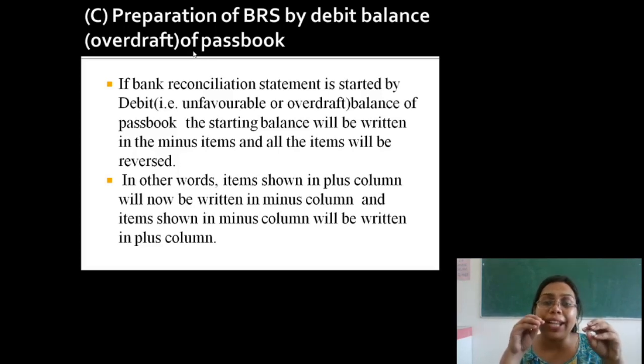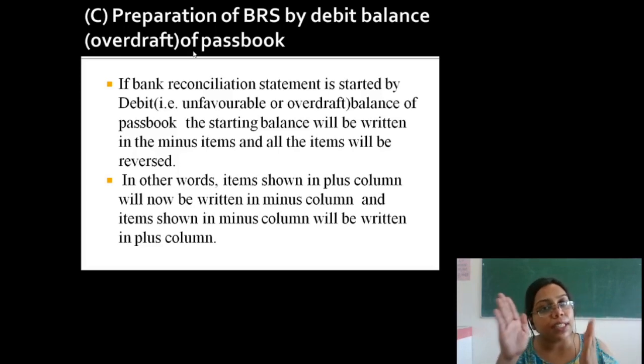So whatever we have done in cash book, here everything will be reversed. In case of passbook, everything is reversed. Each and every item that we were adding here, it will be deducted here, and each and every item that we were deducting there, it will be added here.